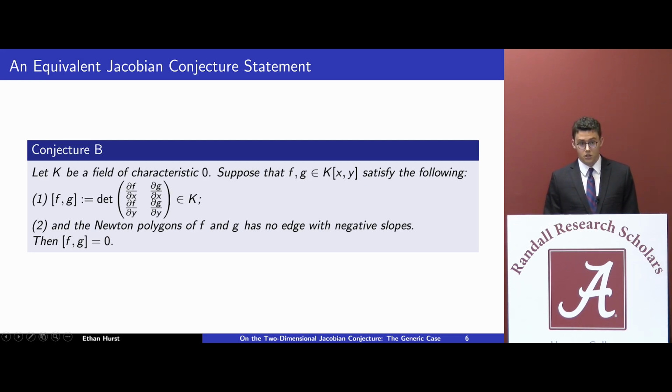We want their determinant, or the Jacobian, given by these square brackets, to be a constant within the field, which means the Jacobian doesn't contain any variables. And we also want the Newton polygons of f and g to not have any edges that have slope 0. Then what the Jacobian conjecture says is that the Jacobian of these two functions is equal to 0, not just a constant.